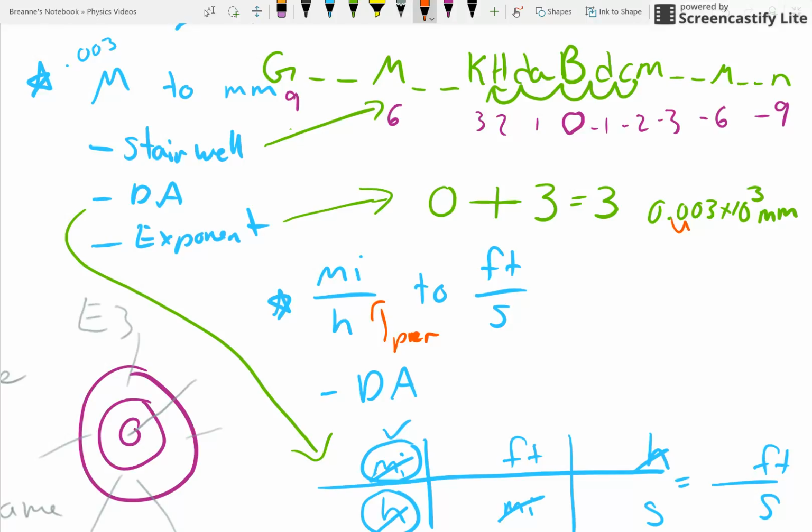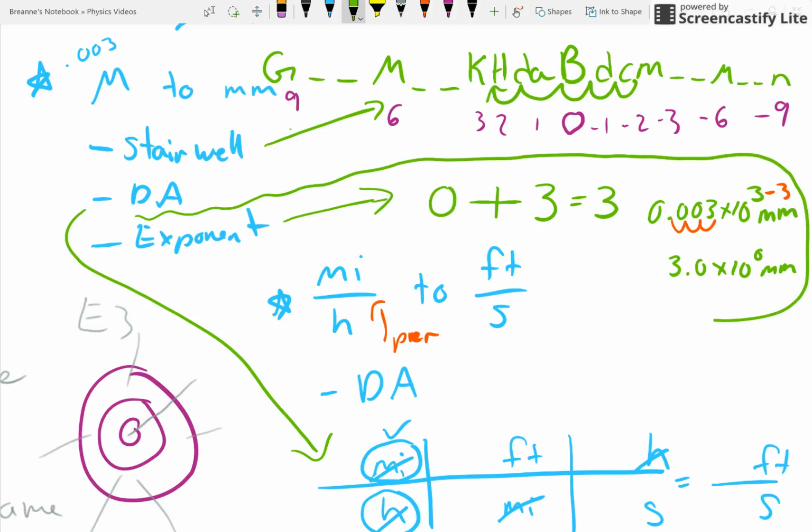So 1, 2, 3. We moved it 3 times. And we went from a small number to a big number, so you would subtract that. So our answer would be 3.0 times 10 to the 0 millimeters. So that's an example of how to use your exponents.